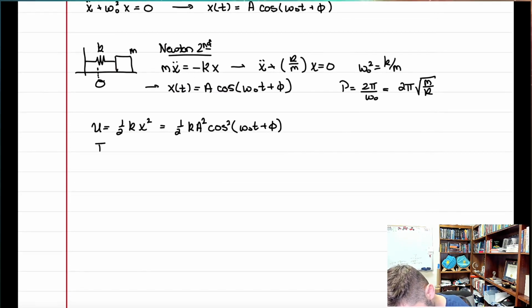And what about the kinetic energy, which is 1/2 m v squared, or x dot squared? I can take the first derivative, and then square everything, and that looks like it's going to be 1/2 m A squared omega naught squared sine squared of omega naught t plus phi.